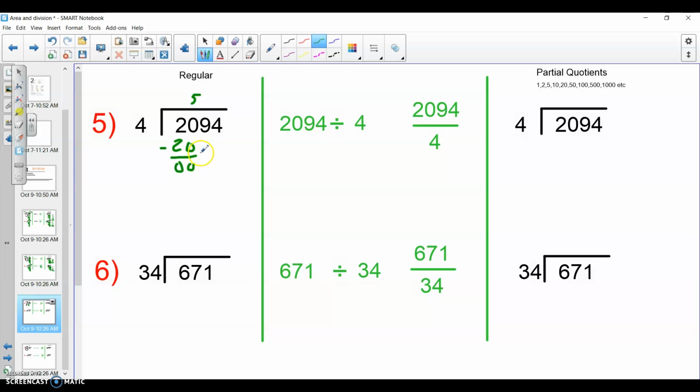And what's the next step? Bring down your 9. Okay, how many times does 4 go into 9? Or what's 9 divided by 4? 2. Can't do 3 because 4 times 3 is 12. That's too large. So put your 2 up here. Multiply 4 times 2.